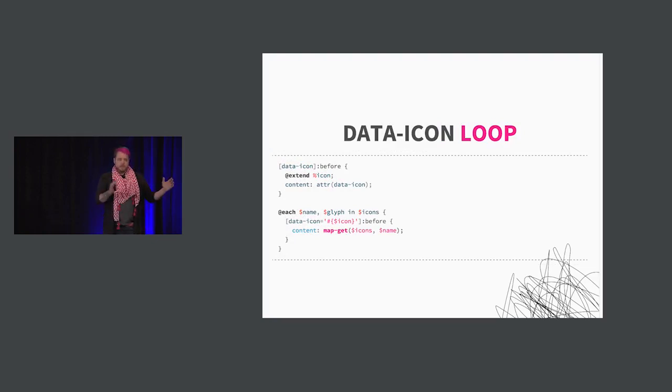If we want that same data icon output, we just run through a loop, and we extend that icon placeholder we had, and for each name and glyph, if data icon is that name, we get that glyph. And we've just output all of that repetitive code, but from a simple map that we can edit. Yeah?